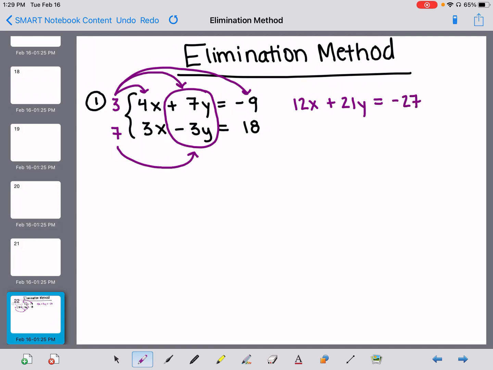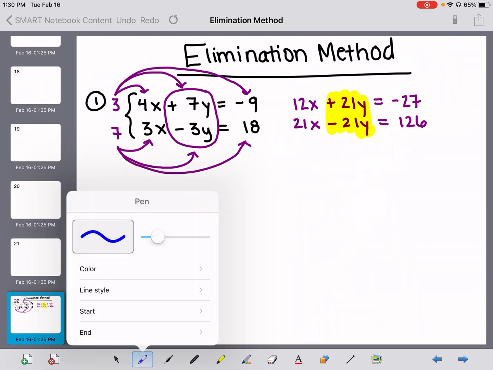Okay, and then on the bottom equation, I'm going to multiply everything by 7. Once you do this, we now have the y's set up so that they can eliminate. So now we'll proceed with the question as normal.